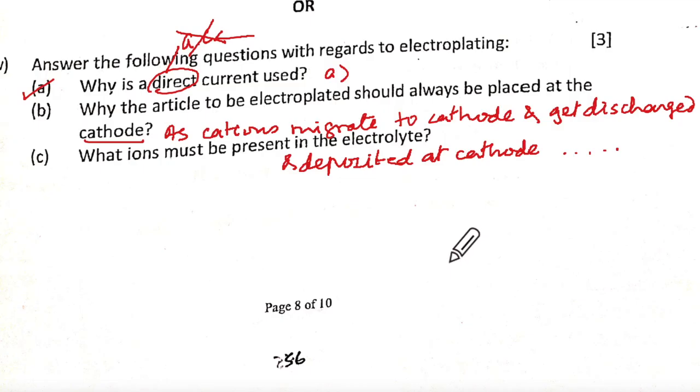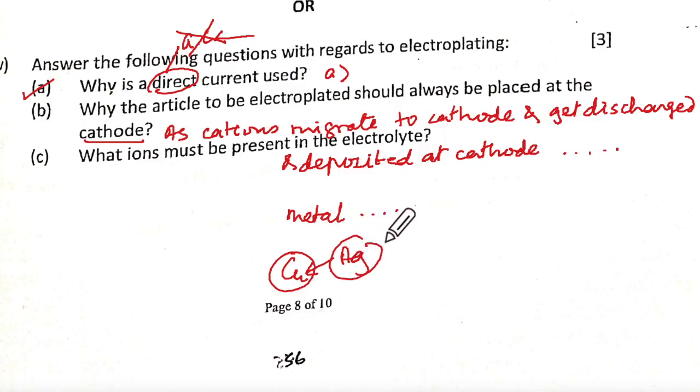Okay. What ions must be present in the electrolyte? The ions of the metal to be used for plating. Metal to be electroplated or metal to be deposited? Metal to be deposited. So remember, if I have copper which is coated with silver, then copper is the metal to be electroplated.